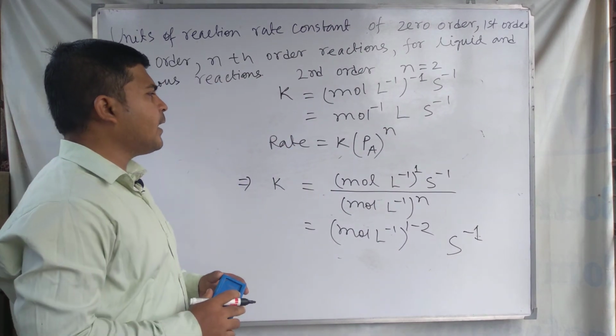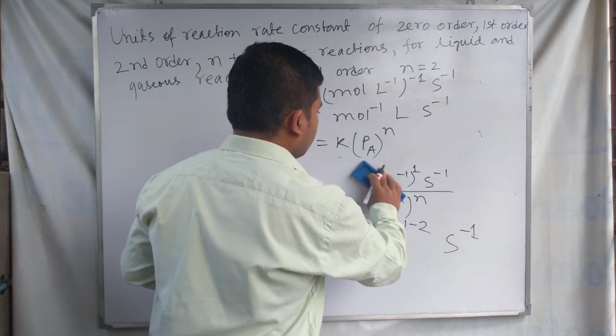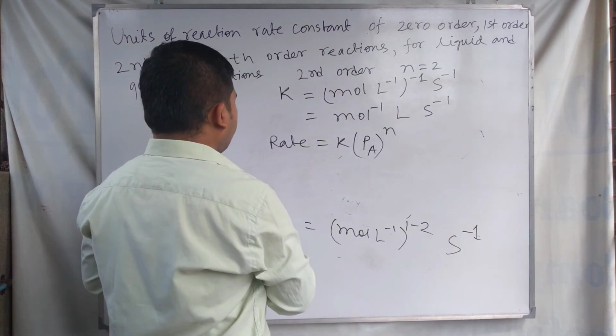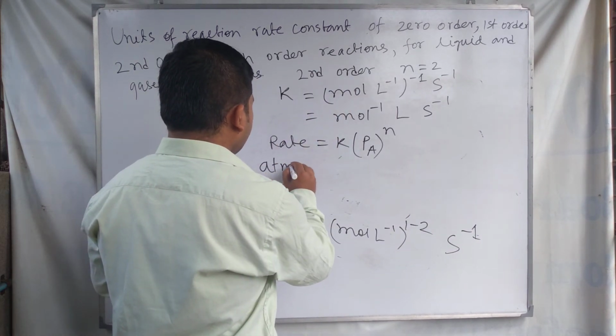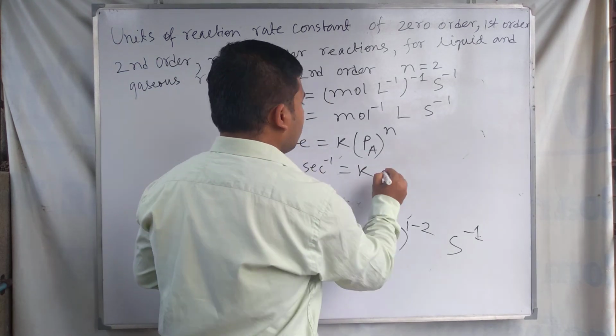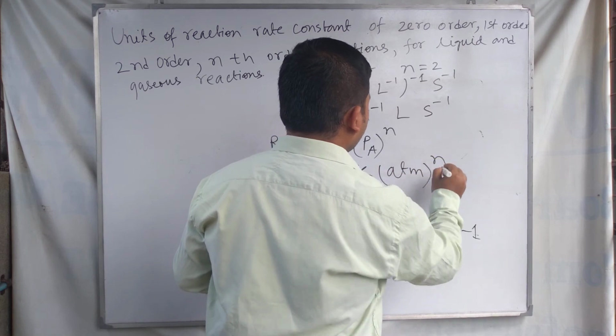In this case the reaction is an nth order reaction, and rate is in atm second inverse, with partial pressure of A in atm to the power n.